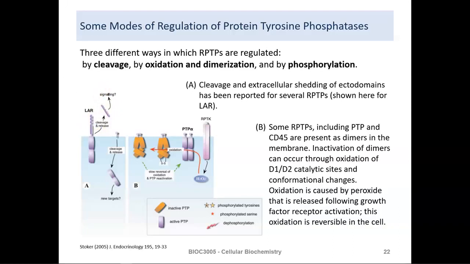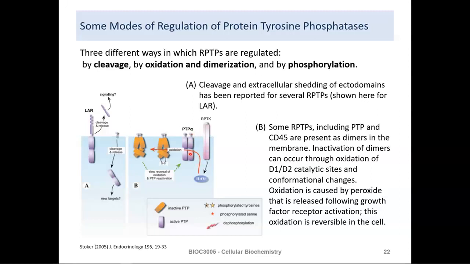The second is by oxidation and dimerization. For some receptor protein tyrosine phosphatases, or RPTPs, which includes PTP, we can see that these are present as dimers in the membrane.